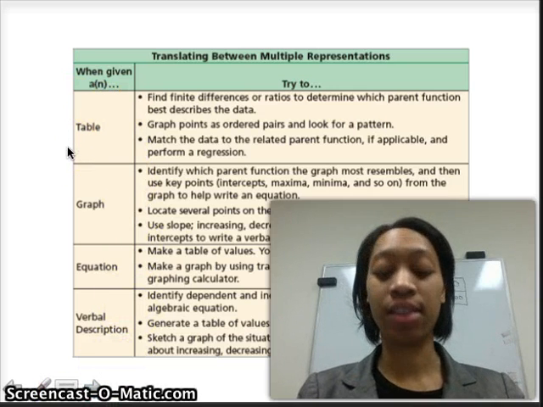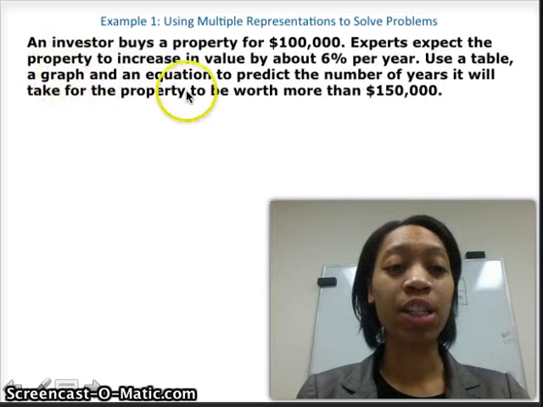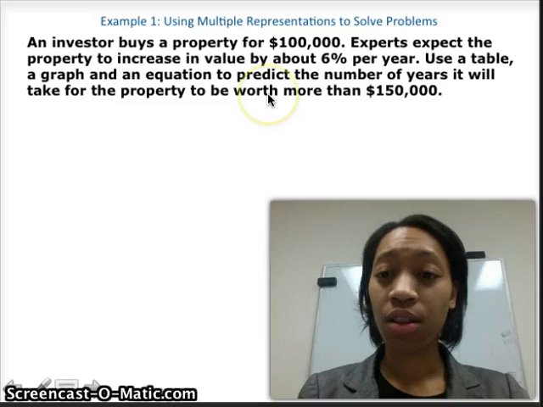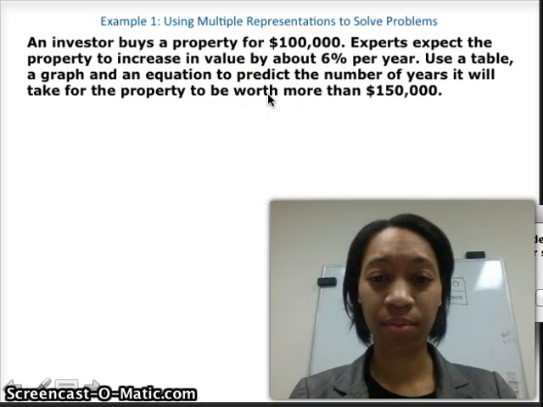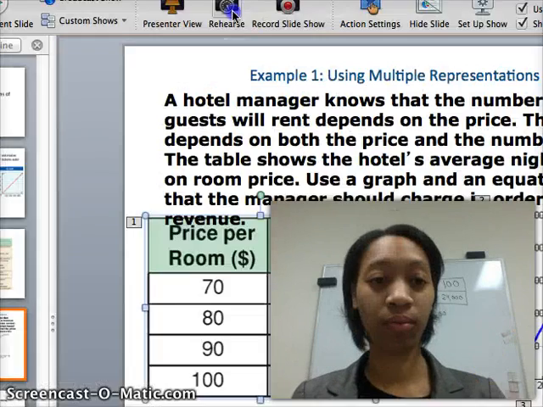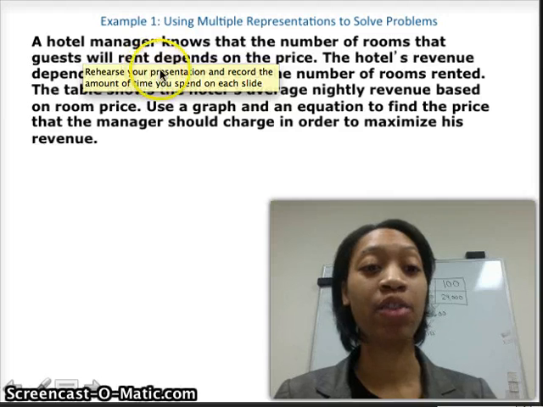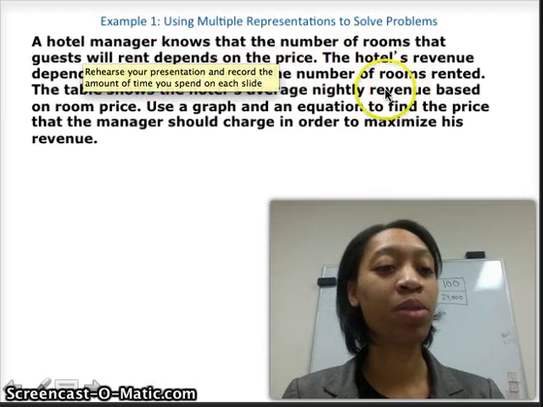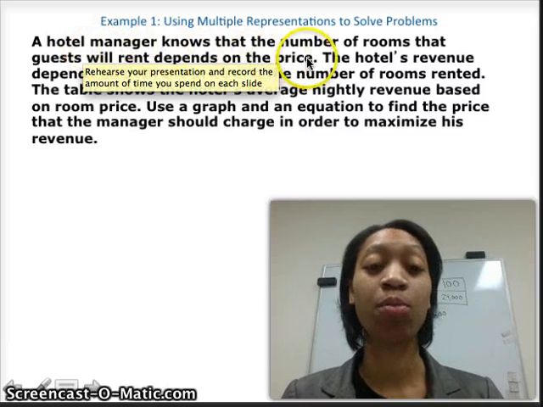So let's look at an example of this. In this example, a hotel manager knows that the number of rooms the guests will rent depends on the price.